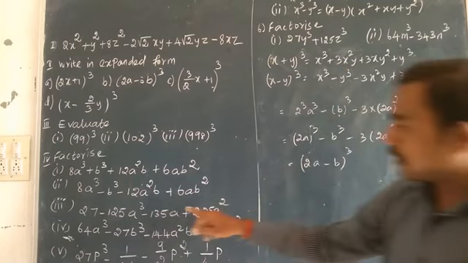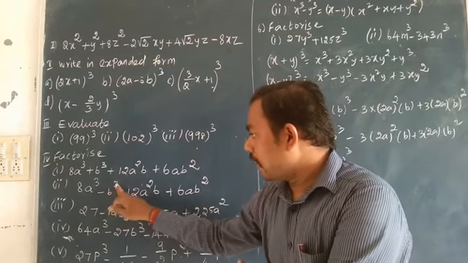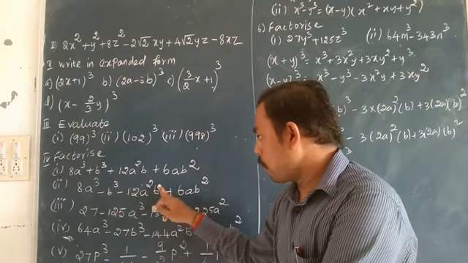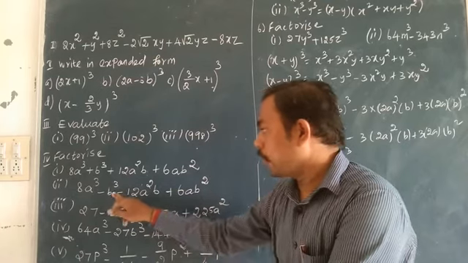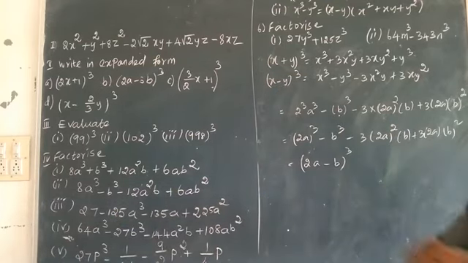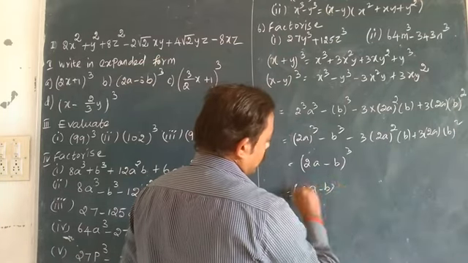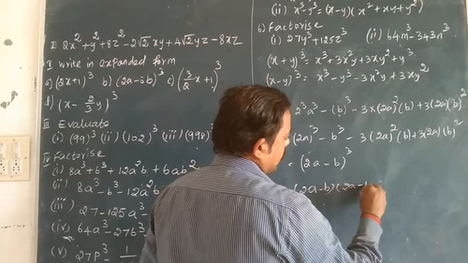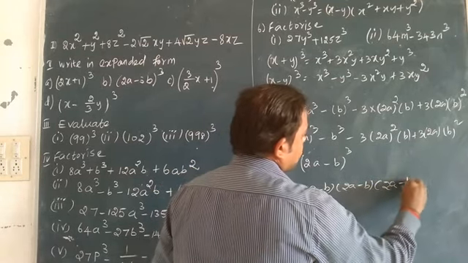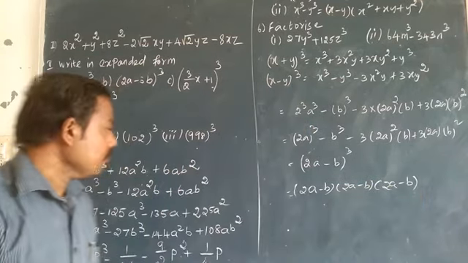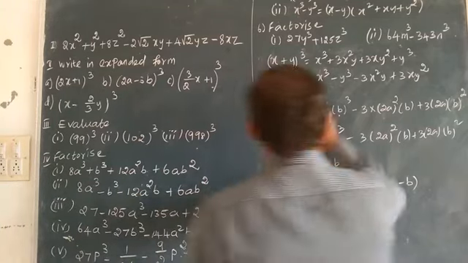So like that check, here b power 3 odd power minus, b power 1 odd power you have minus. So you can use the identity (x minus y) whole power 3. So the factorization of this one, (2a minus b) into (2a minus b) into (2a minus b), is the answer. Right.